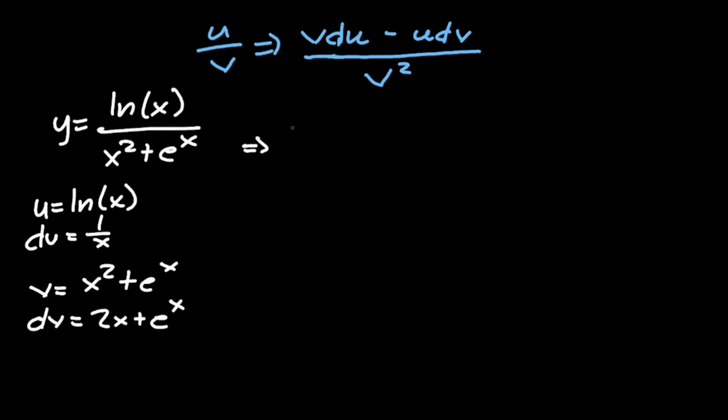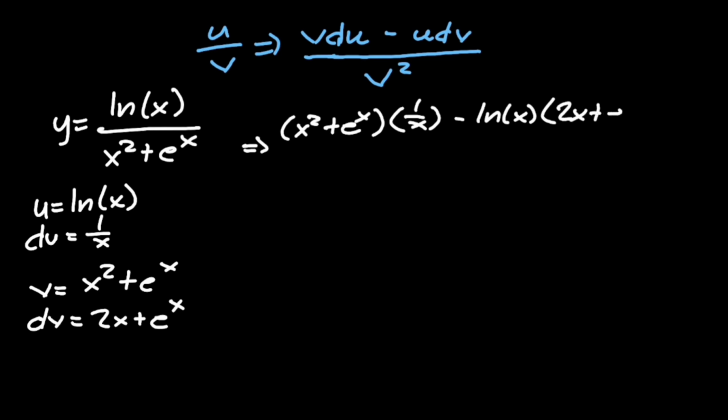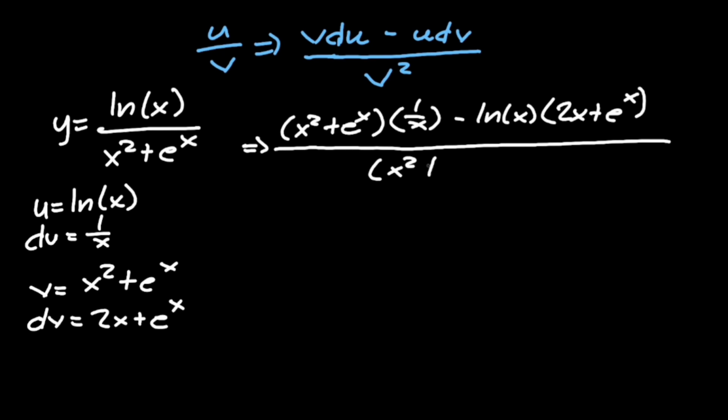Now, let's solve this. It will be x squared plus e raised to the power of x multiplied by 1 over x, minus ln of x multiplied by 2x plus e raised to the power of x, divided by v squared, which will be x squared plus e raised to the power of x, raised to the power of 2.